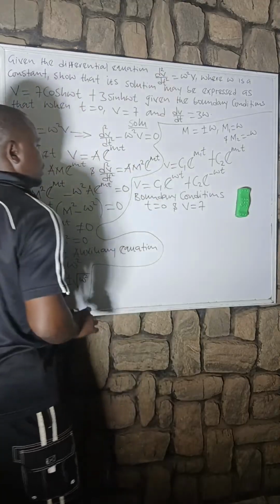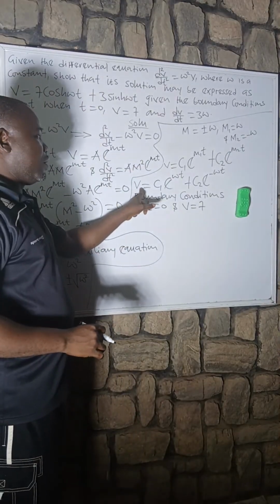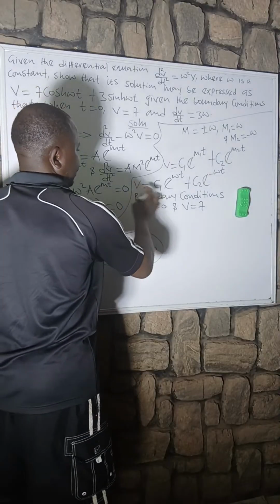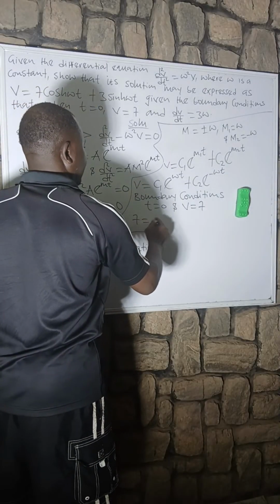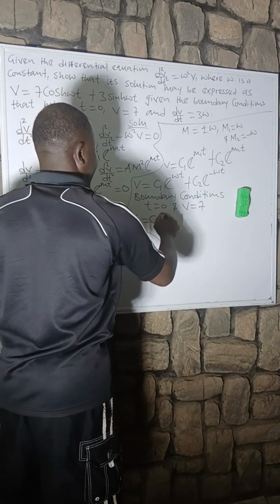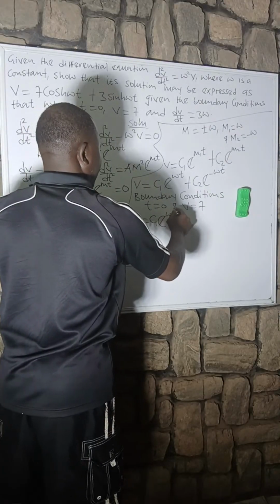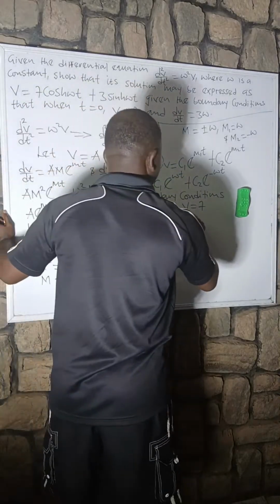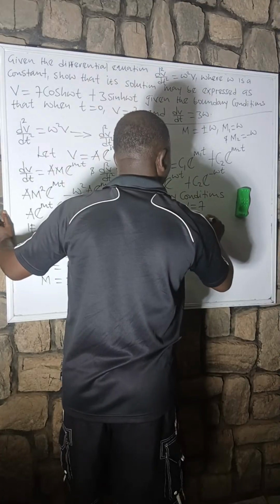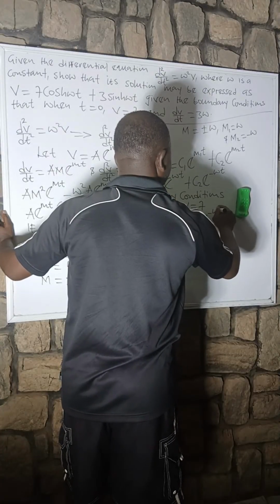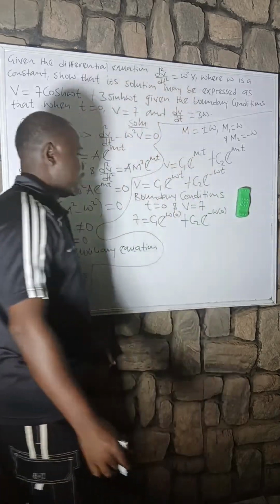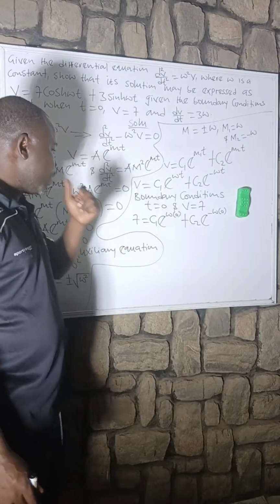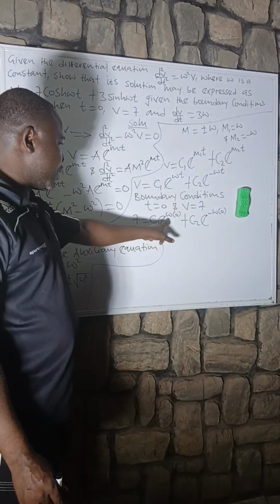So using the general solution here, v is what? 7 equals c1 exponential omega 0, because our t is 0, then plus c2 exponential minus omega 0, t is 0. Can you see now? Do you agree with me? Okay. So if you agree with me, it means here will be 1.